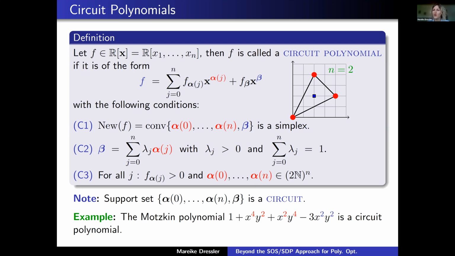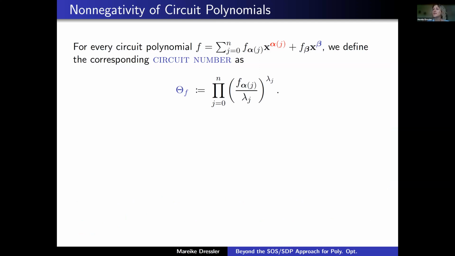All right, so we have now the circuit polynomial, but somehow we have to connect it with non-negativity. And I claim that non-negativity of these polynomials can be decided very easily, namely with a specific invariant we define with these polynomials, the so-called circuit number.